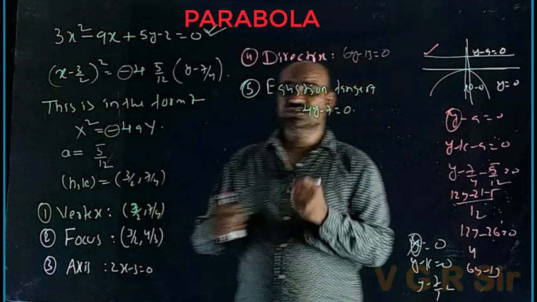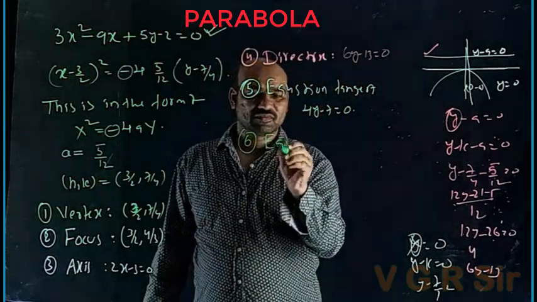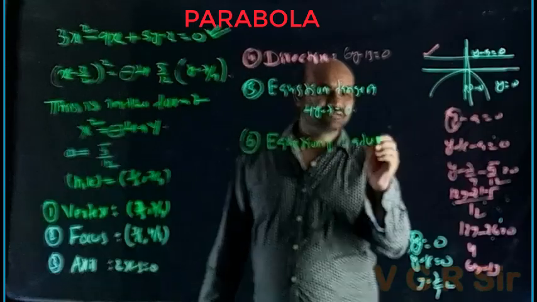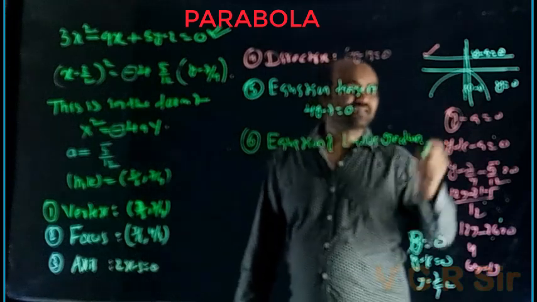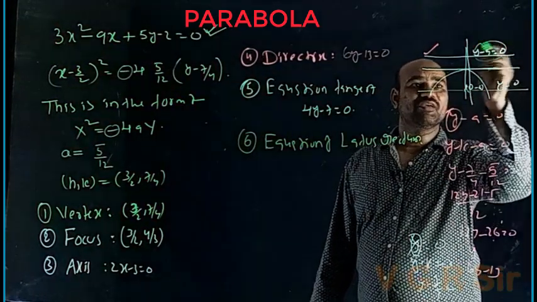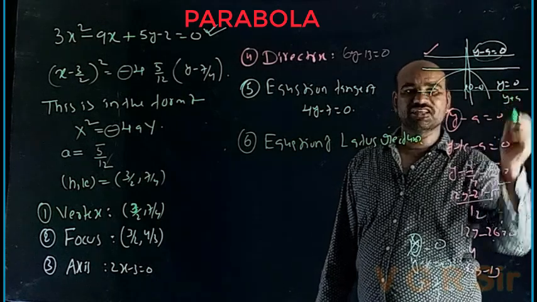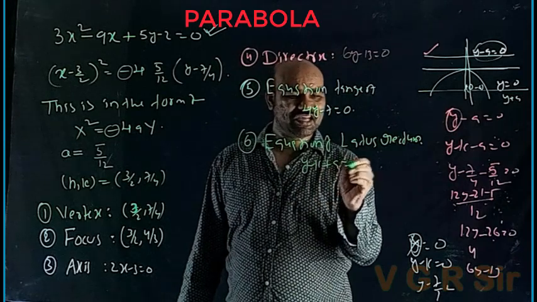Next, the sixth one, I want the equation of latus rectum. Okay, so here the equation of latus rectum. This is y minus a equal to 0, means this is y plus a equal to 0 only. So y plus a equal to 0 is the equation of latus rectum. I will write here y minus k plus a equal to 0 directly.